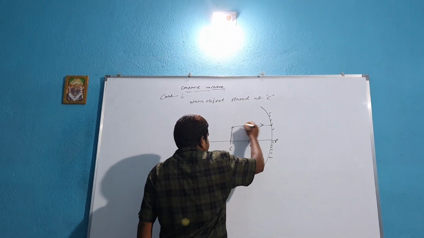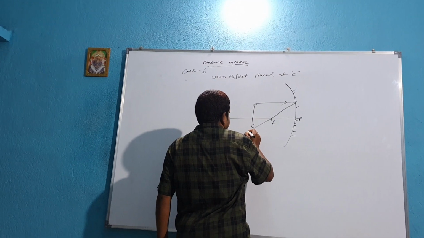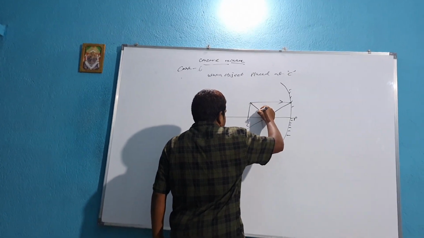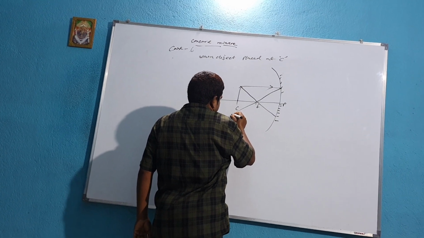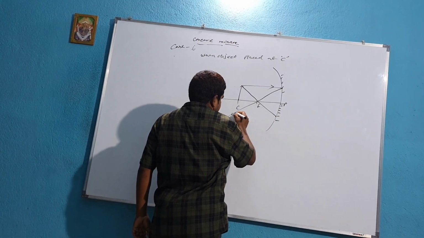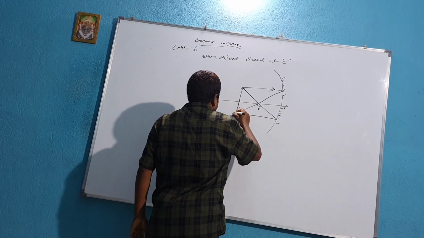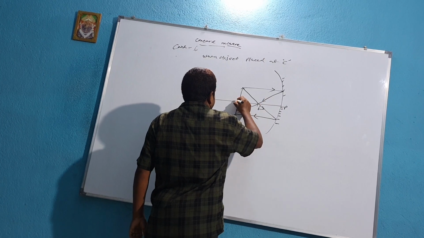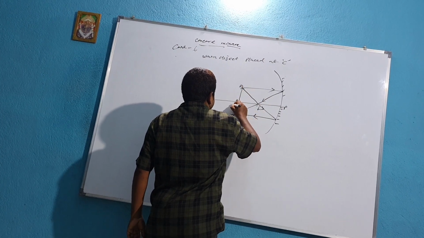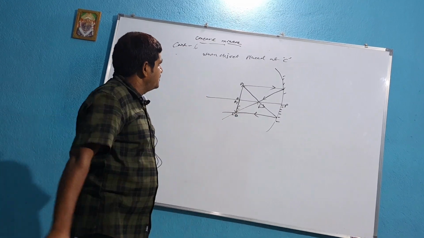Then when this is parallel, it passes through the focus. The next one, we draw parallel and it also passes through the focus. When we actually use the measurement, we accurately get this. This is A, B, this is A dash, B dash.